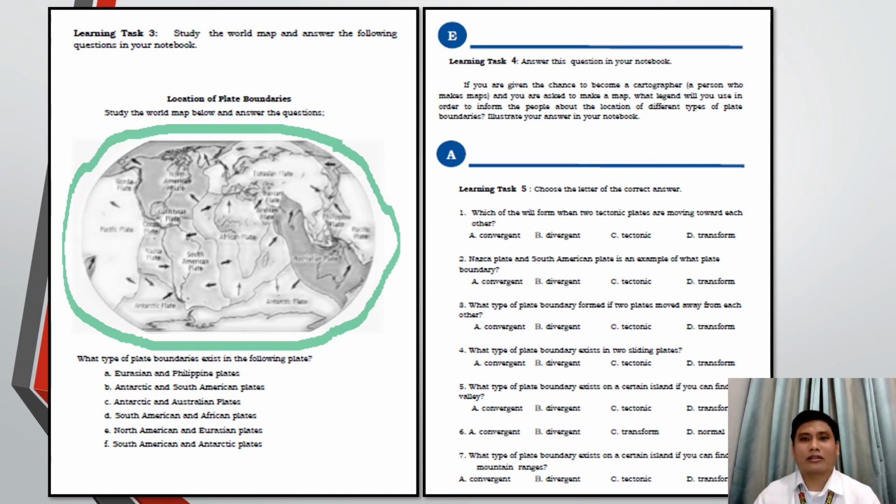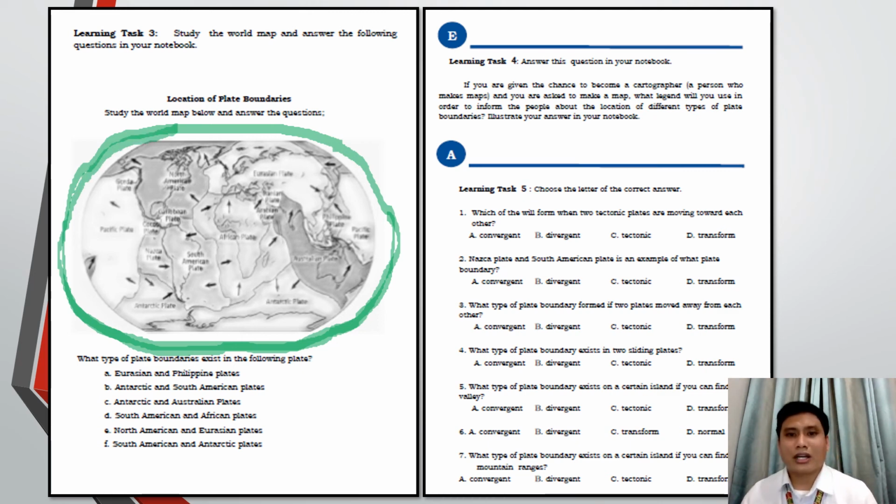You as a student, if you will become a cartographer, what figures or what legends can you use in representing the different types of plate boundaries? You will just try to answer the question, and if you will be needing to illustrate your answer, you can also draw a map just like this one.